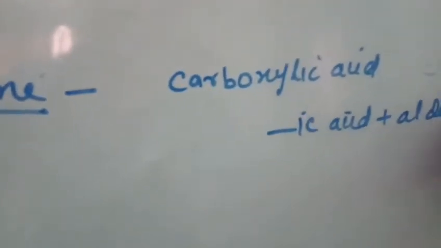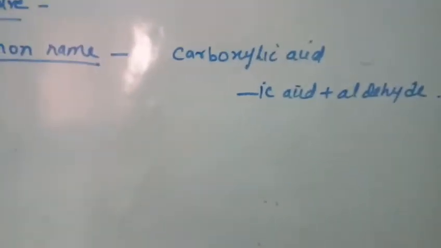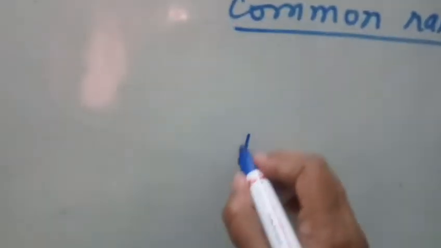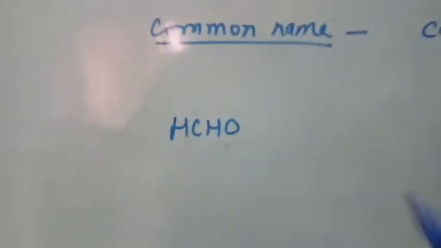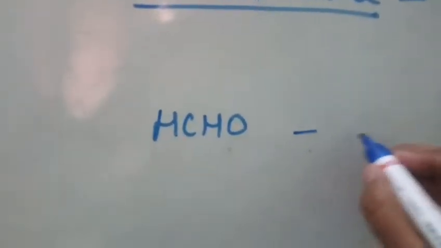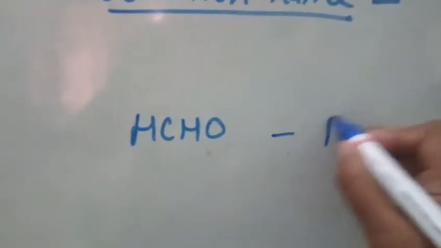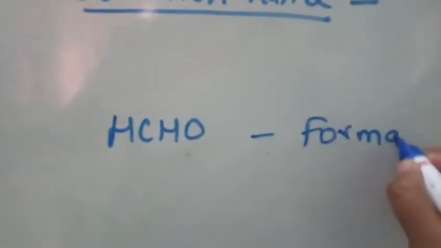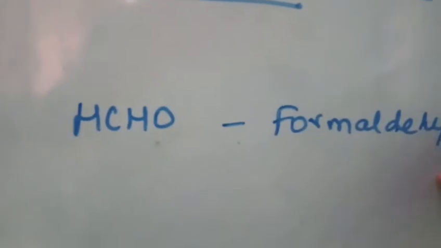You will get the common name of the compound, right? Remove ic acid and add aldehyde, such as if you have HCHO. The one carbon containing acid is formic acid, so instead of formic acid, you add aldehyde. So it becomes formaldehyde.